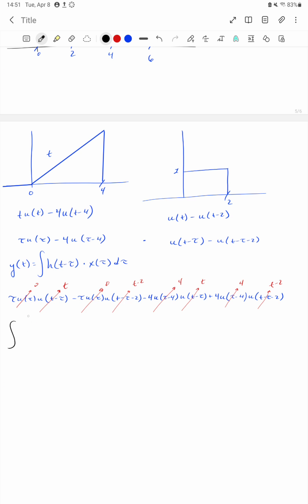Now, remember how I said that your u of t is kind of just like a 1? Well, now you've got a tau. So you've got a tau here instead of a 1 where you're going from 0 to t. Here you've got a minus integral again. This is 0 to t minus 2 of tau. I should put the u of t still, u of tau.